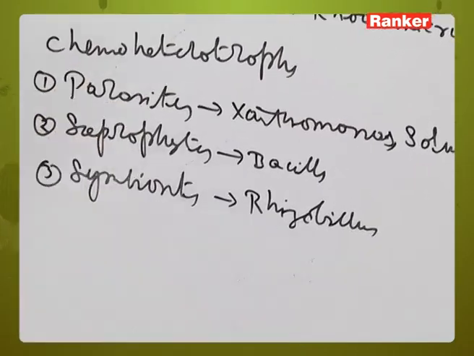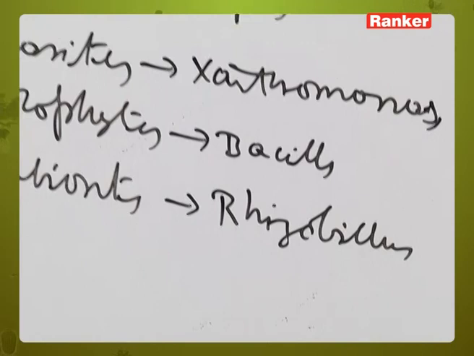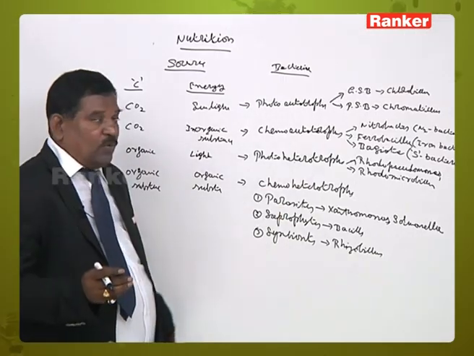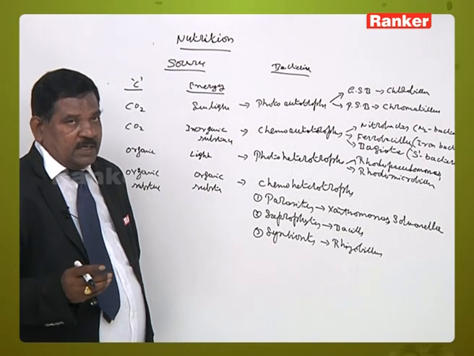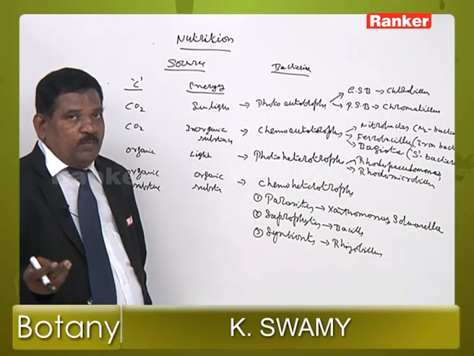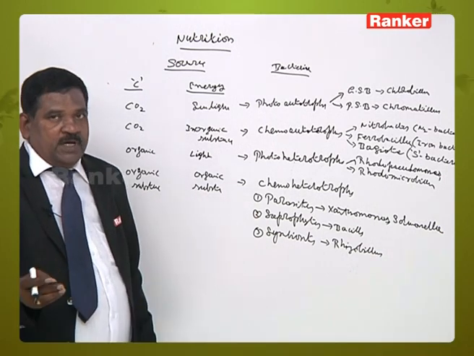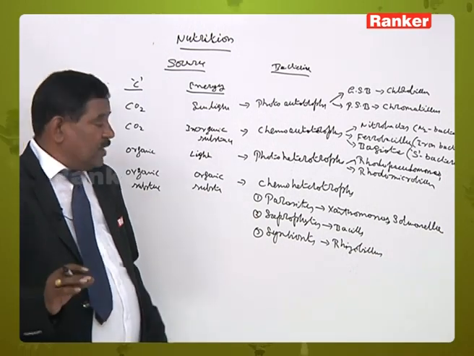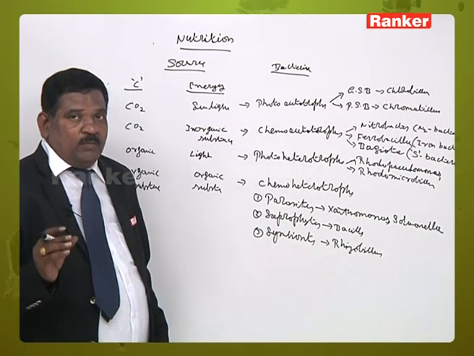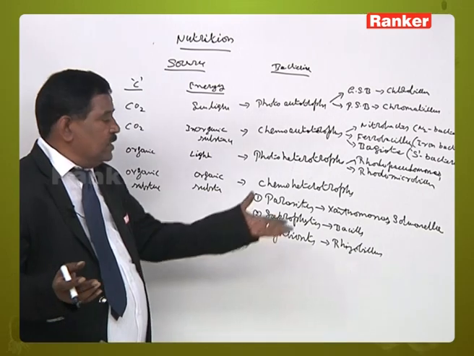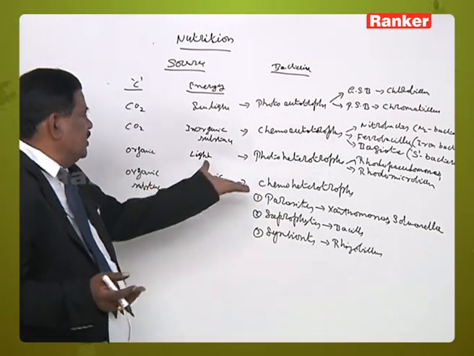Best example, the Rhizobium present in the root nodules of legumes. It provides ammonia to the legume plant, which provides both food and shelter to the Rhizobium. It is a symbiotic association. Rhizobium also gets both carbon and energy from the legume plant, so it also comes under chemoheterotrophs.